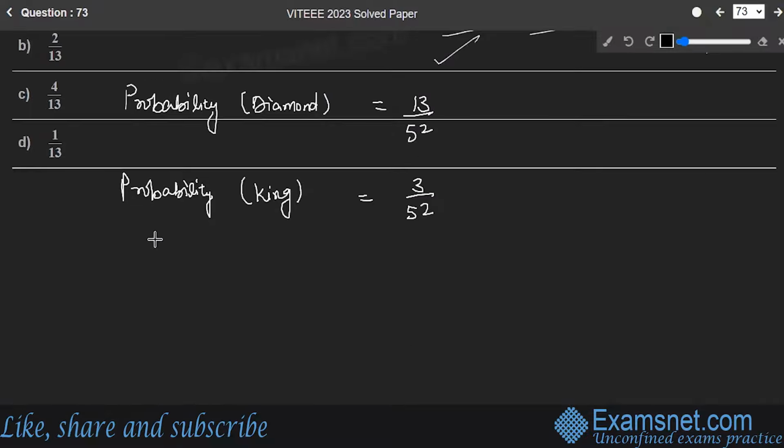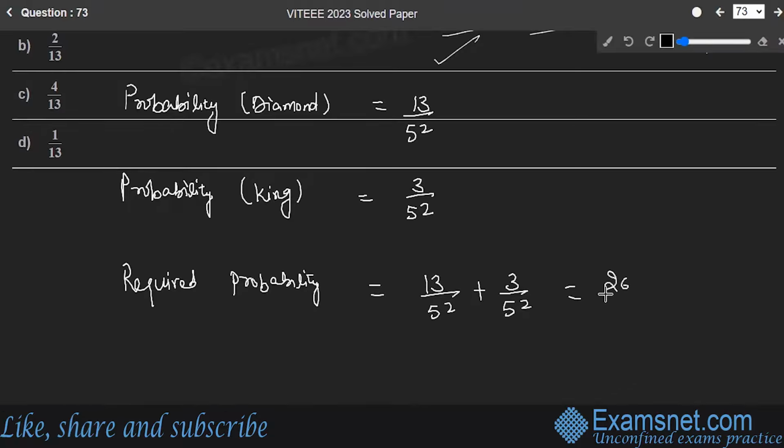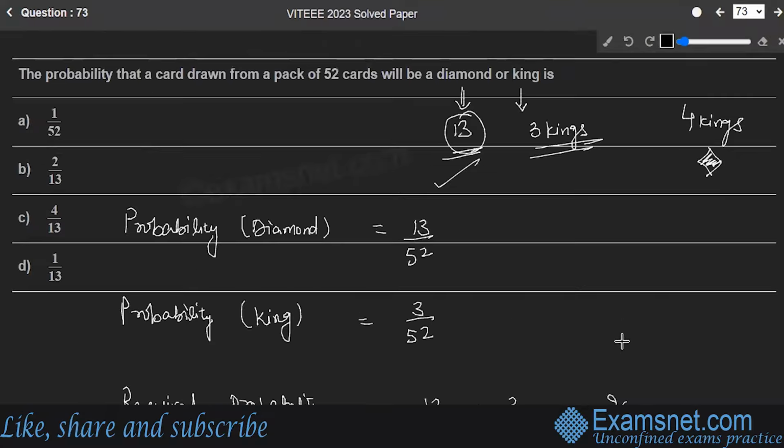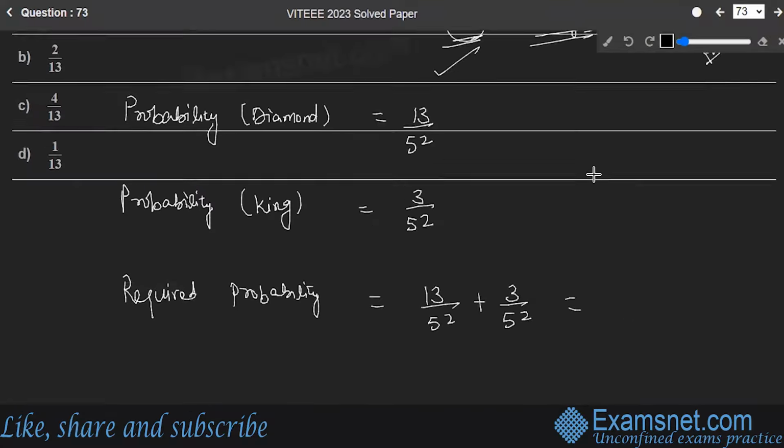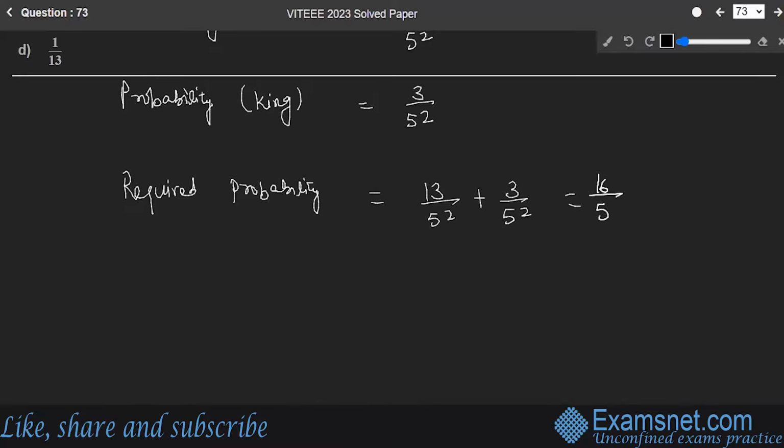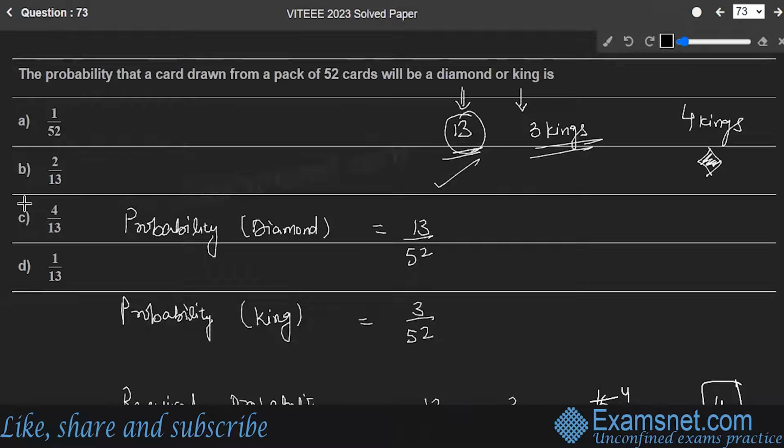So the required probability is 13/52 + 3/52, which is 16/52, or you have 4/13 as the answer. So you have option C as the answer to the question.